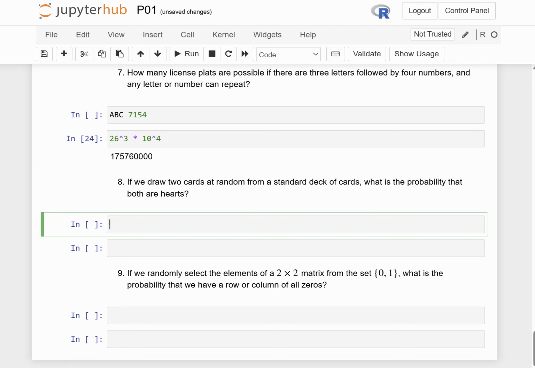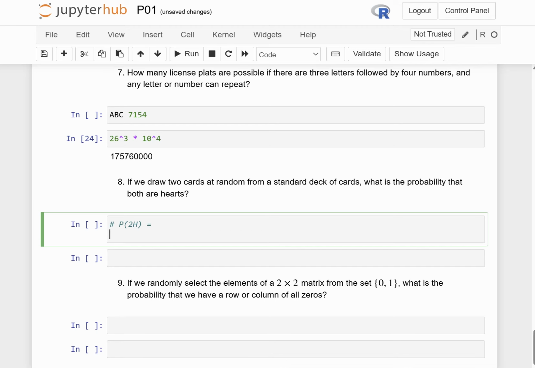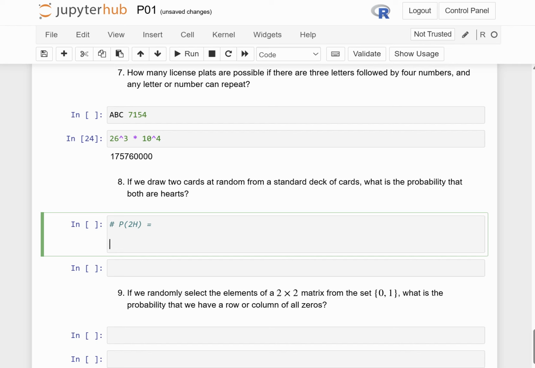If we draw two cards at random from a standard deck of cards, what is the probability that both are hearts? This is a little more complicated than you think. What I'm going to do is find not the probability of heart and then heart. I'm going to do it with combinations and do it all at once. The probability of two hearts is equal to, well, I'm drawing from the hearts, there are 13 hearts, and I have to draw two of them.